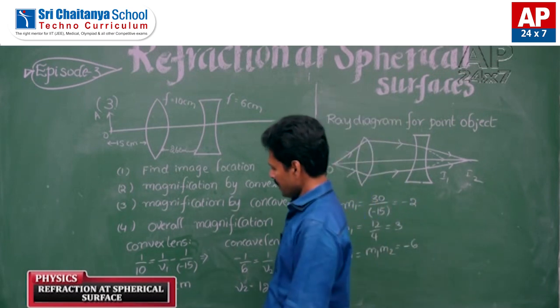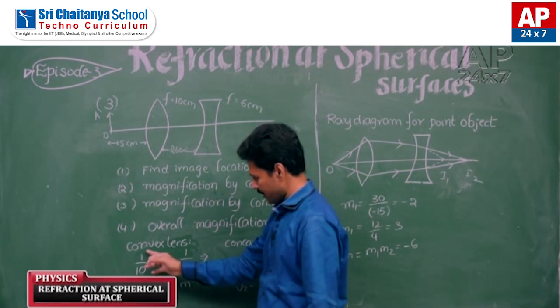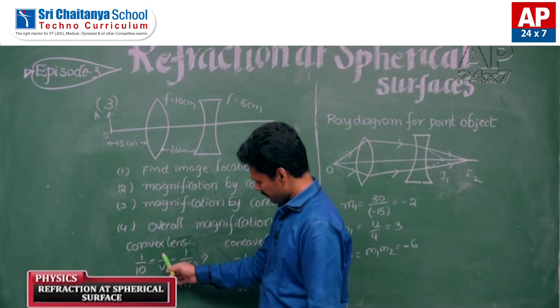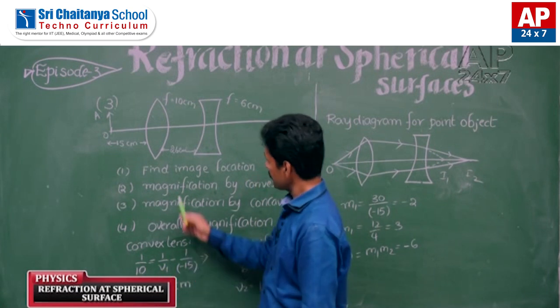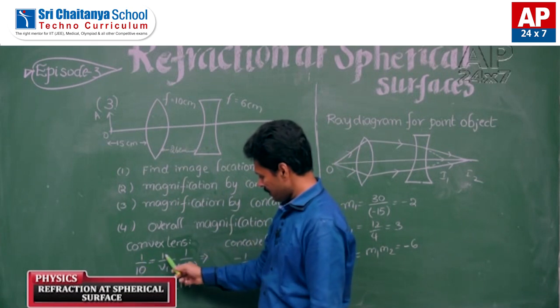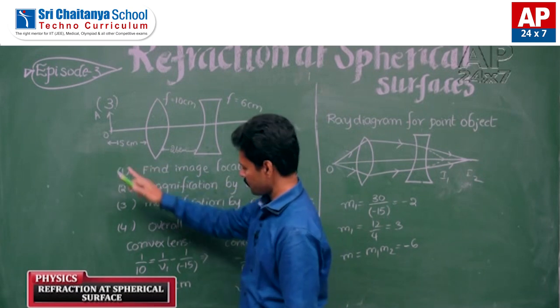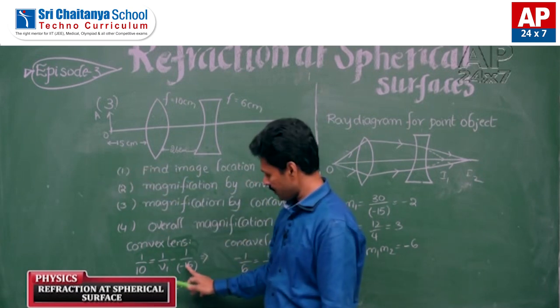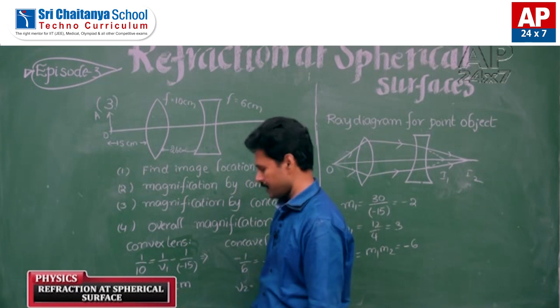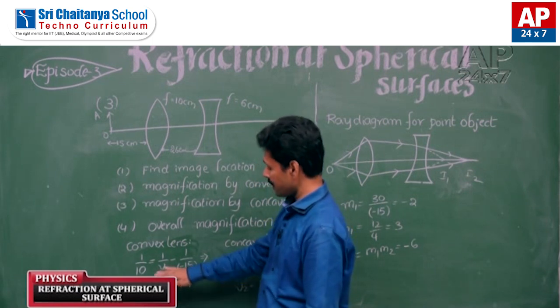Now let us see the image because of the convex lens. Then taking 1 by f equal to 1 by v minus 1 by u. So for the convex lens, f is 10, so 1 by 10 equals 1 by v1 minus 1 by u, where u value is minus 15, right? So v1 equals plus 30. So v1 plus 30 means the rays are really converging.